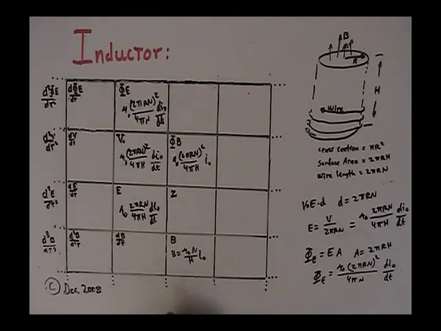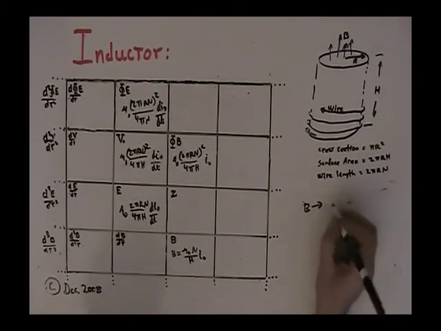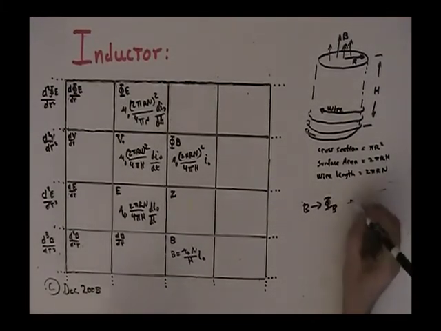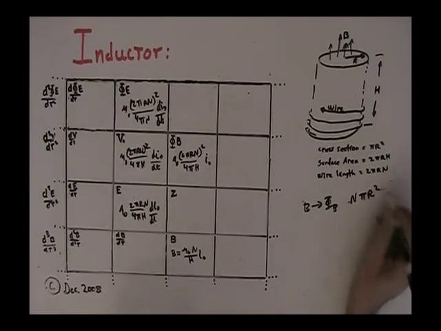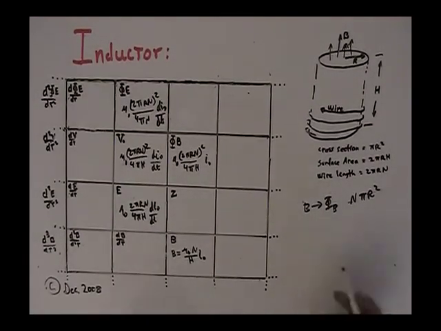Mu naught 2 pi rn squared over 4 pi h with q naught. This column, everything will be q naught. Here, everything will be I naught. Here we get dI naught dt. And here we'll have a second derivative.